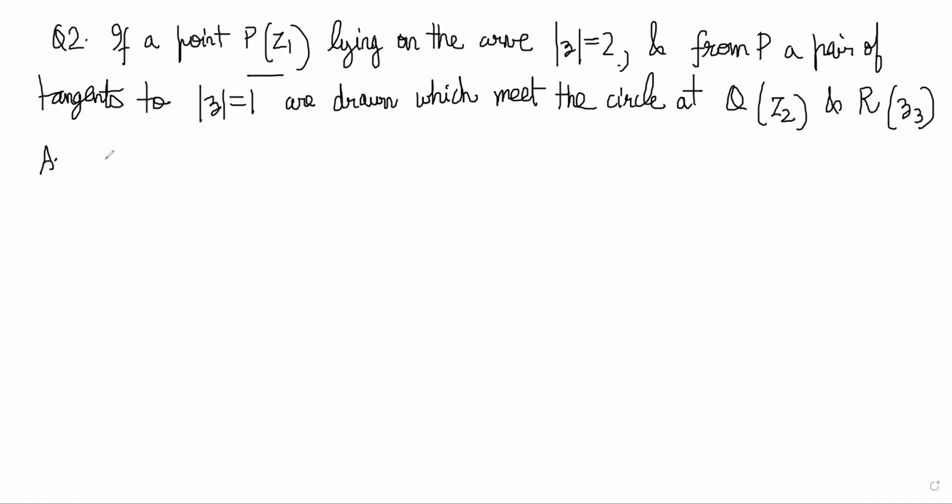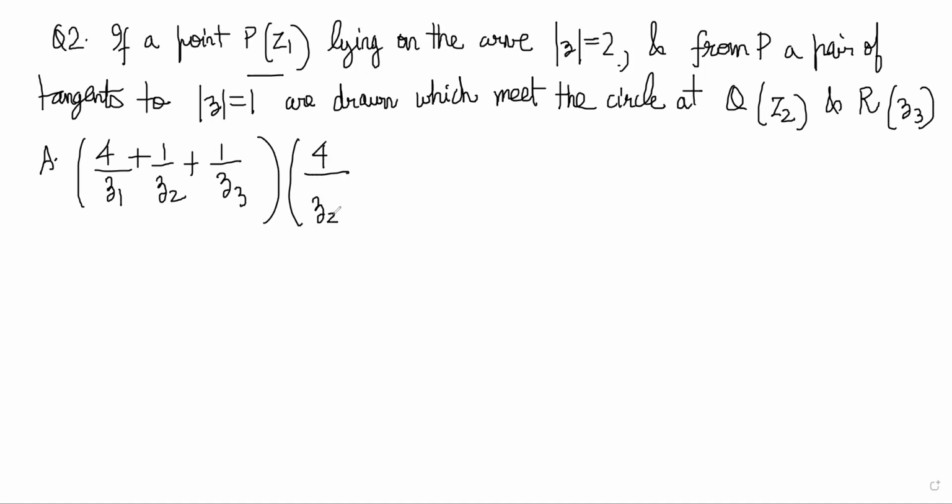Then we have to check the following options. The first option: (1/Z1 + 1/Z2 + 1/Z3) multiplied by (1/Z1 conjugate + 1/Z2 conjugate + 1/Z3 conjugate) is equal to 9.